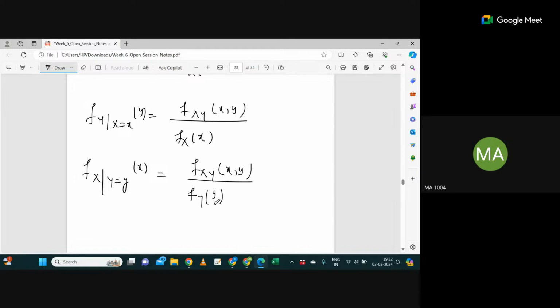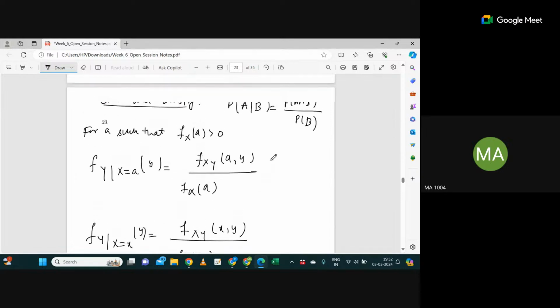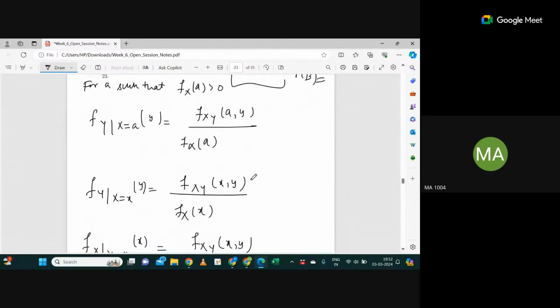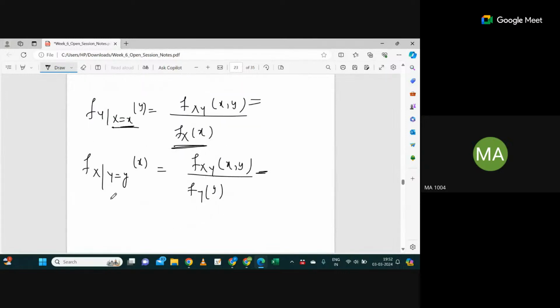Is this clear? It is exactly similar to the conditional probability: joint divided by the marginal of the given case. So is this definition okay for you?